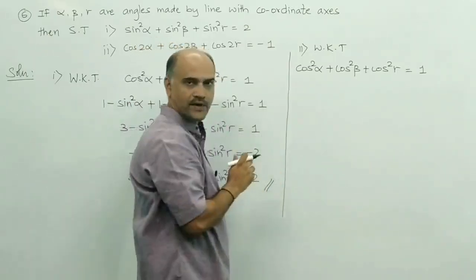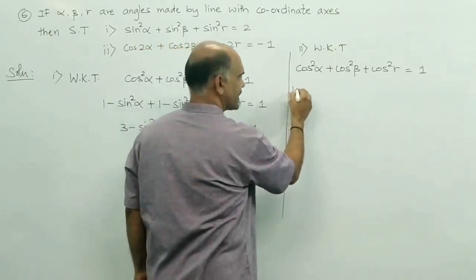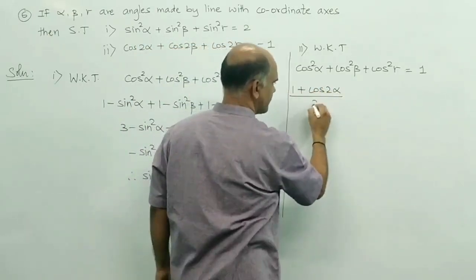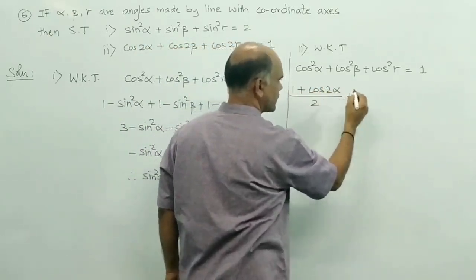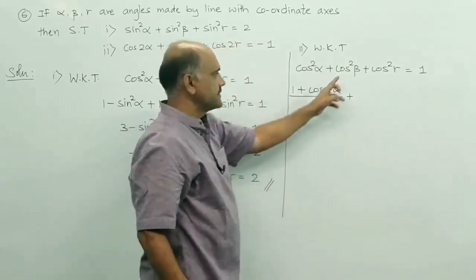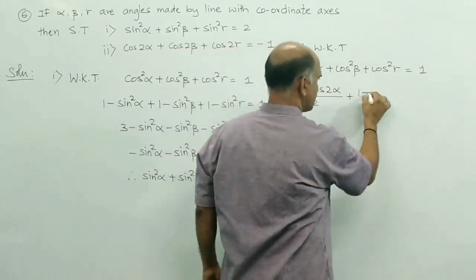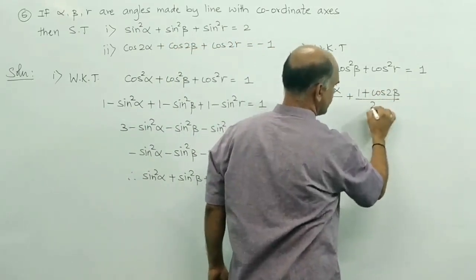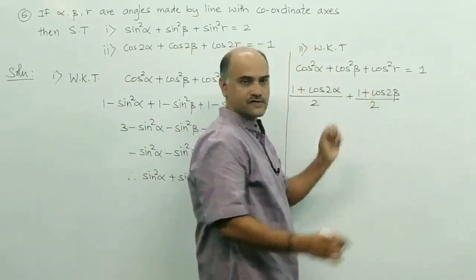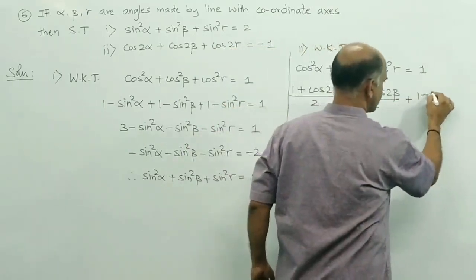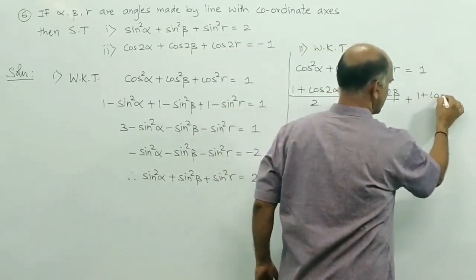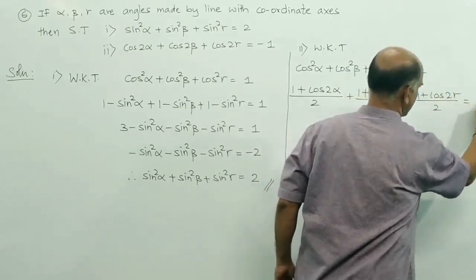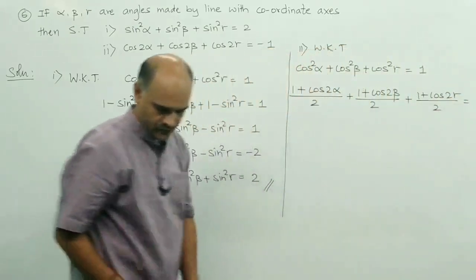Apply that formula. So cos square alpha I can write as (1 plus cos 2 alpha) whole divided by 2, plus similarly cos square beta is (1 plus cos 2 beta) divided by 2, plus cos square gamma is (1 plus cos 2 gamma) divided by 2, is equal to 1.